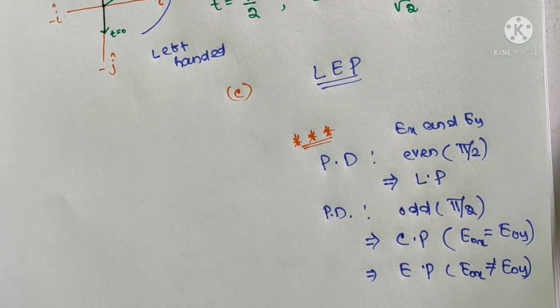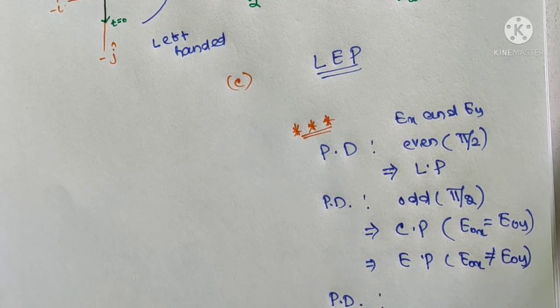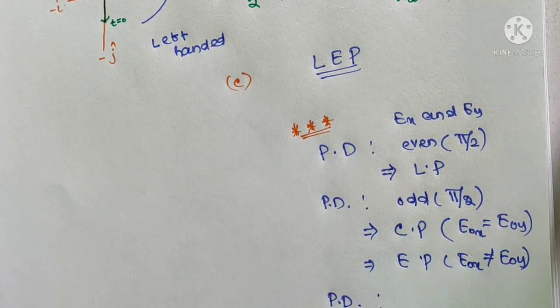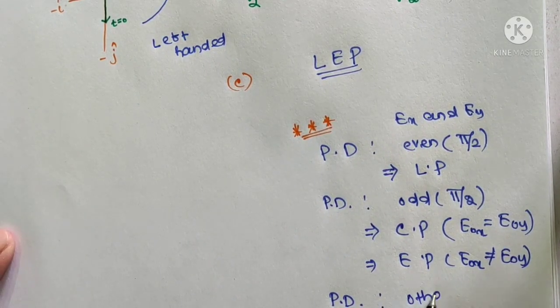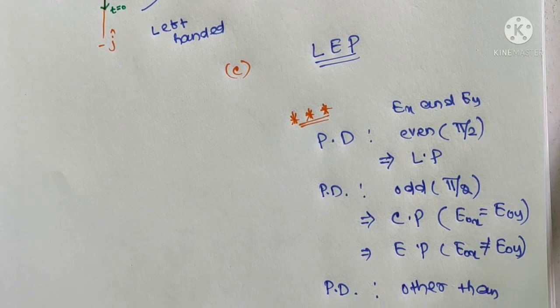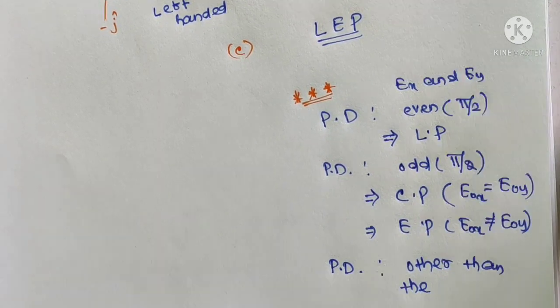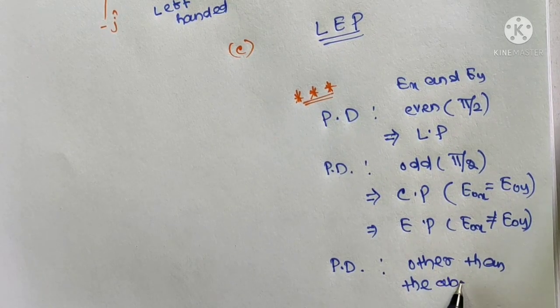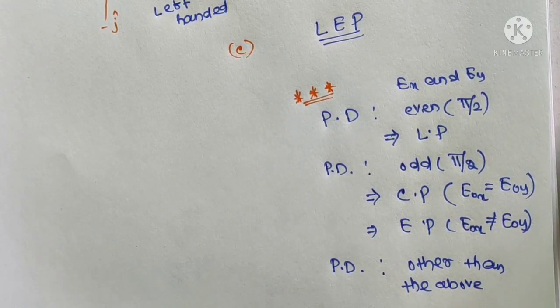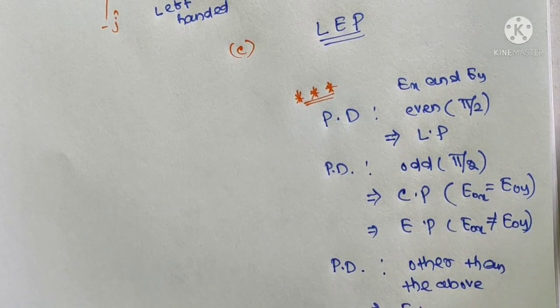And one more condition is that if the phase difference between the x and y components is other than the above defined conditions, then the given electric field will be elliptically polarized light.